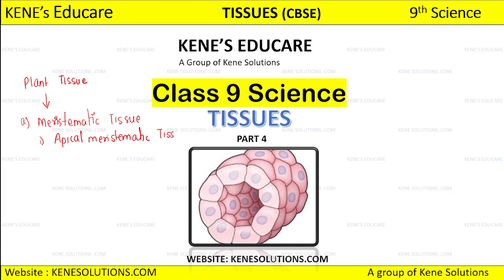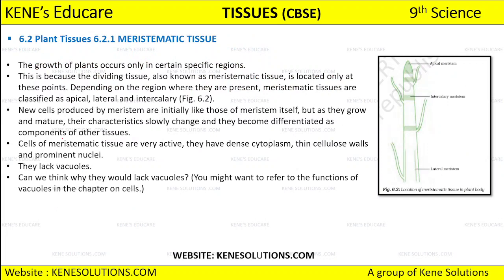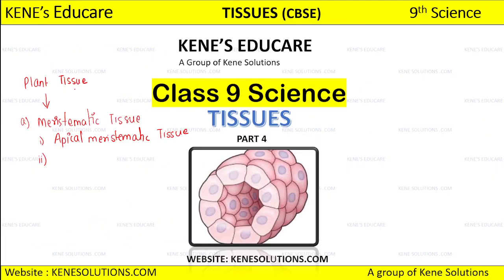Then the second type that we have, after apical, is intercalary meristematic tissue, and lastly we have lateral meristematic tissue, right?